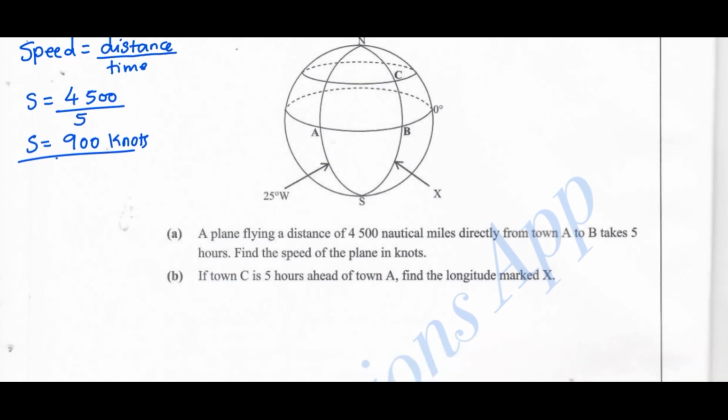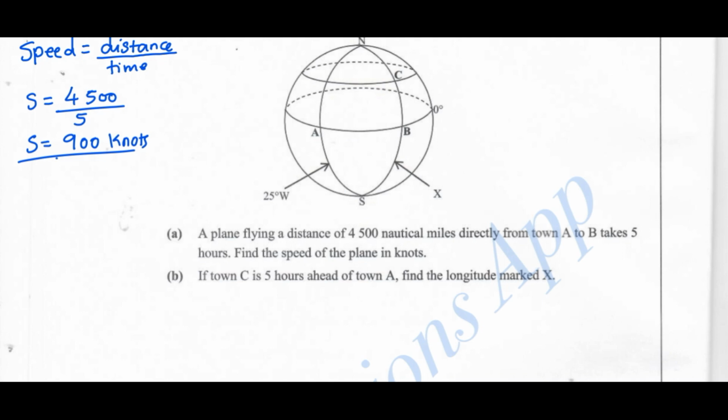Then for question B, if town C is 5 hours ahead of town A, find the longitude marked X. So here, this is time calculation. Now we are given the difference in hours between 2 towns. So what are we supposed to do?